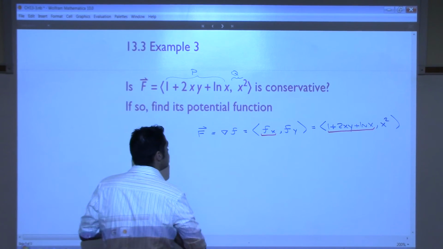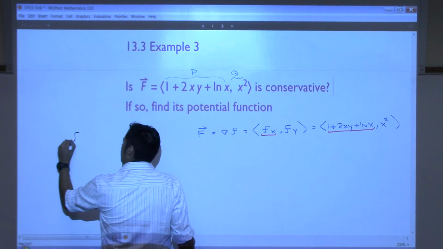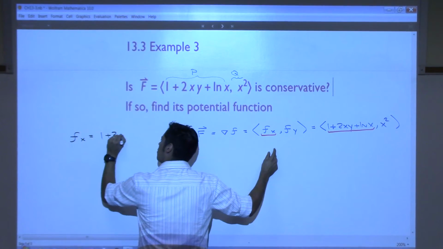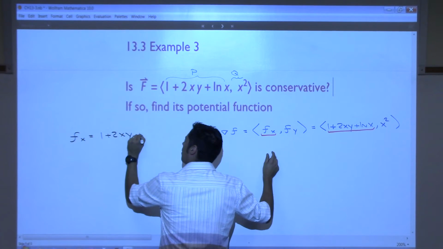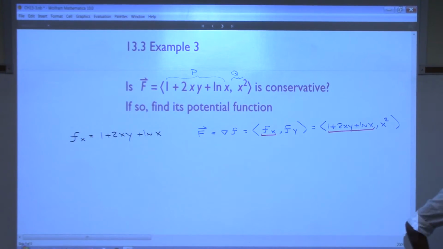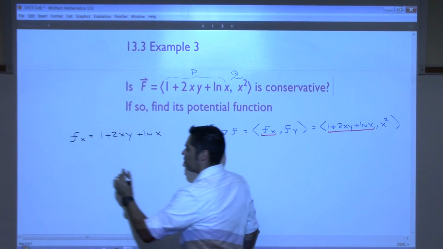I have that the partial of f with respect to x is 1 plus 2xy plus the natural log of x. That comes from taking the derivative of little f with respect to x. What I'd like to do is go back to little f. So I'm going to integrate this. Do you agree with this?